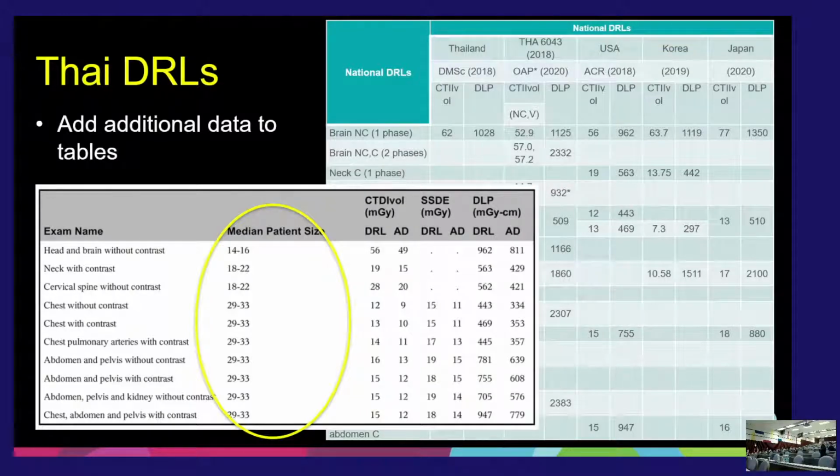Most vendors already make all the measurements for you on the scout, and it's listed in the DICOM field. You just have to know what the DICOM value is, and then write a really quick script that pulls it out.